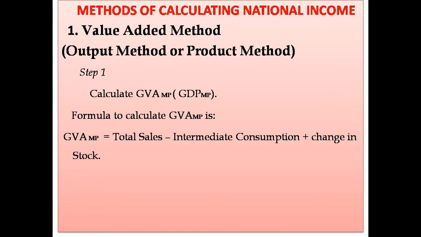The formula to calculate GVA-MP is total sales minus intermediate consumption plus change in stock.